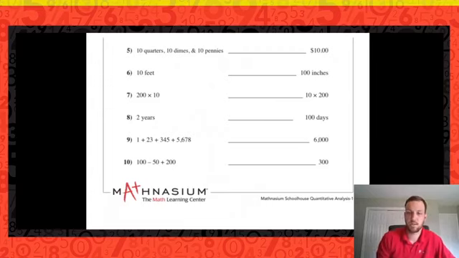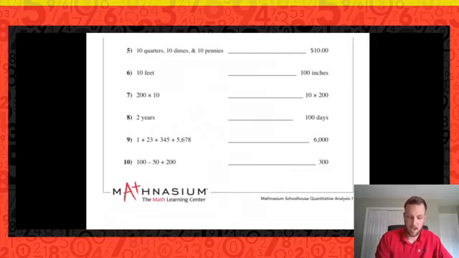So the word quantitative means that we're pertaining to the quantity, or we're measuring the quantity of something. And analysis is that we are examining. So what we're going to be looking at is examining measured quantities of things. And specifically, we're going to be comparing quantities. So let's go ahead and get started.